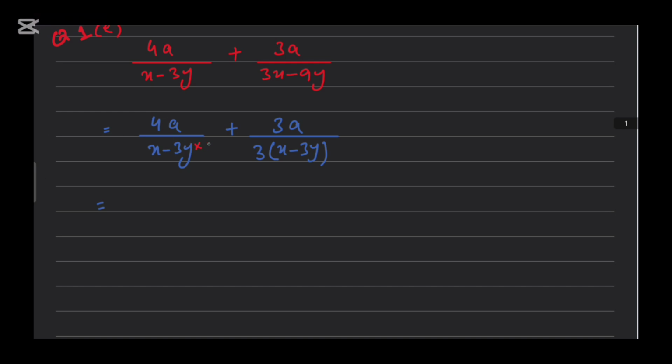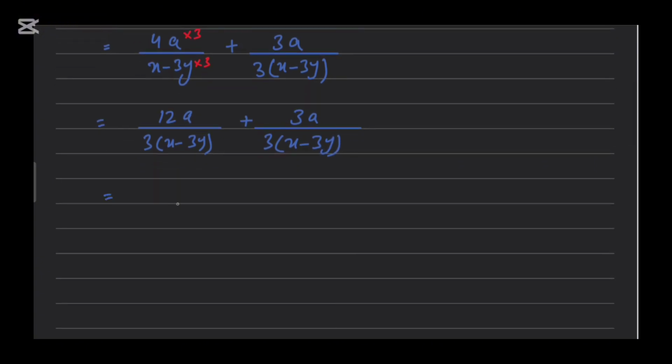So you will multiply numerator and denominator with 3, and now 4, 12a over 3 into x minus 3y. Now you can see our denominators are the same, 3x minus 3y. So now you can take the LCM easily.